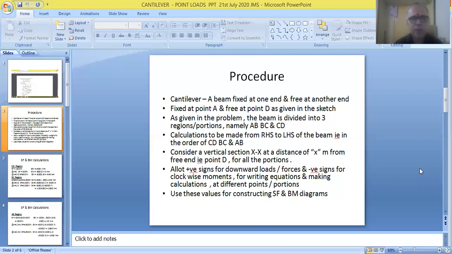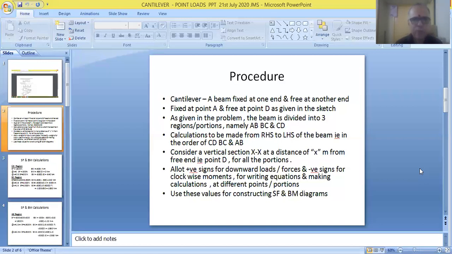So we have taken point A as a fixed end, point D as a free end, and a load of 300 newtons is acting at a point marked as point B. One more load of 500 is acting at another point marked as point C.